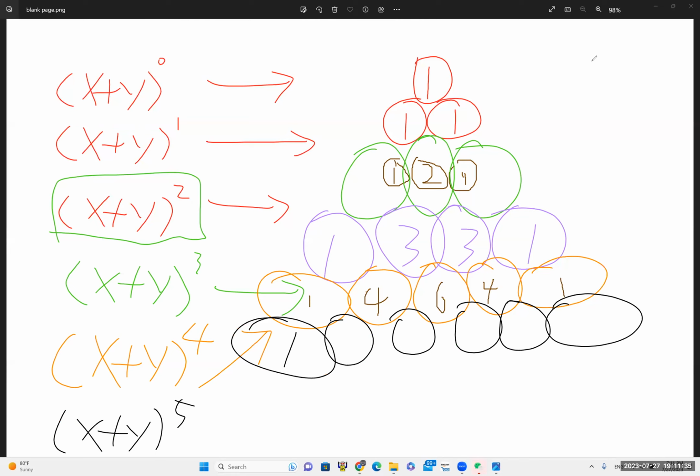So 1, 1, 5, 10, 10, 5, 1. By the way, they are symmetric, right? Left-right symmetry, correct?